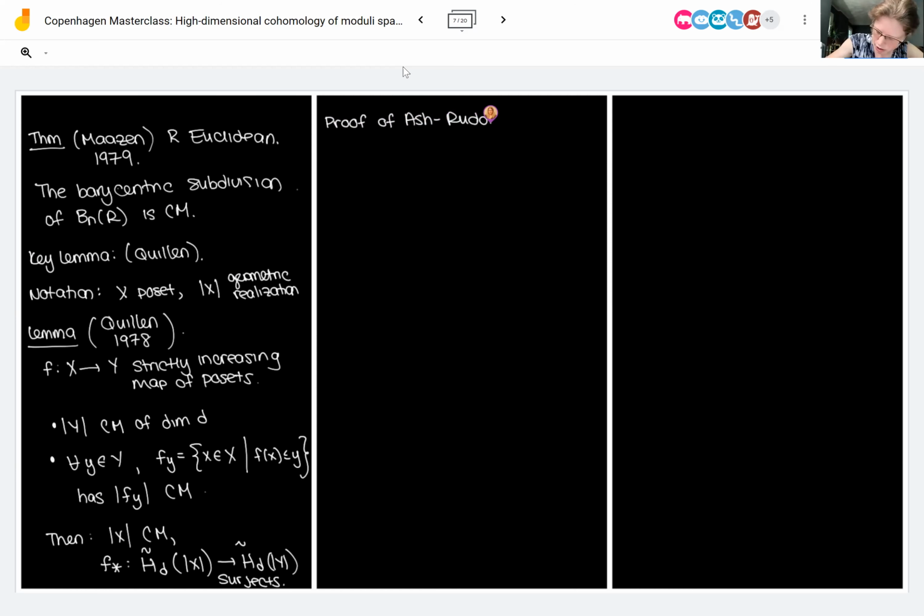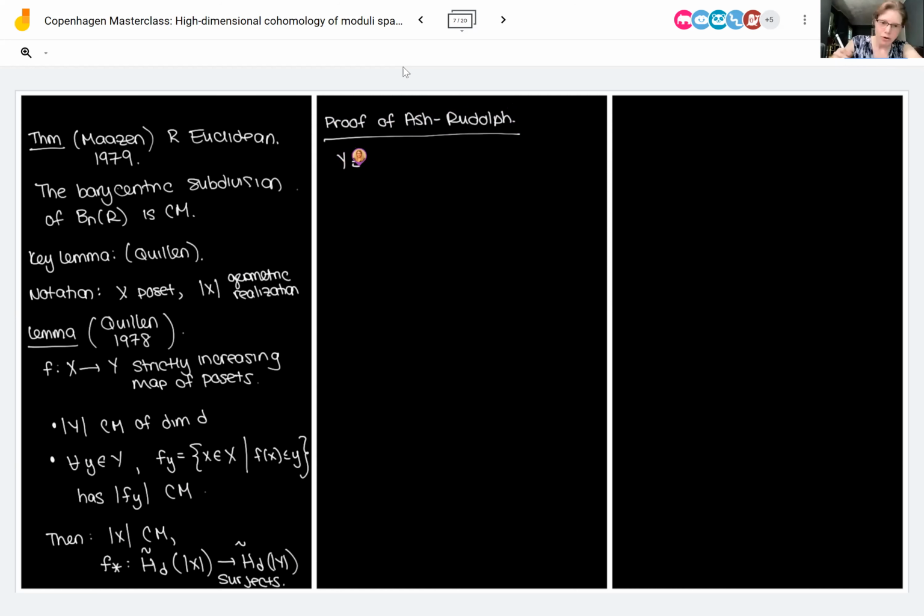So remember, the goal is to prove that the top homology of the Tits building is generated by integral apartment classes. Okay. So here's what we'll do. We're going to use the lemma with the following posets.